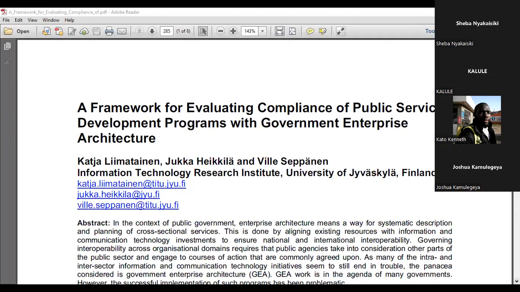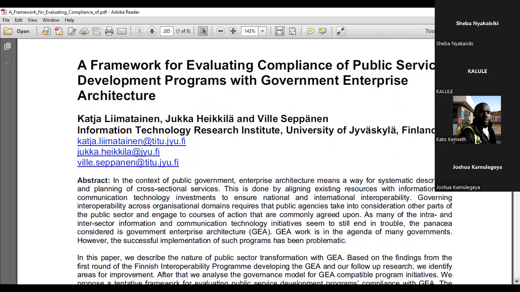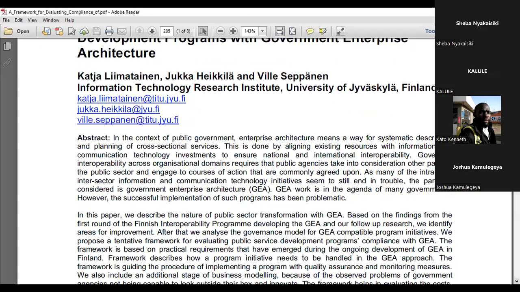So here, let's go through the abstract and see. It says, in the context of public government, enterprise architecture means a way of systematic description and planning of cross-sectional services.